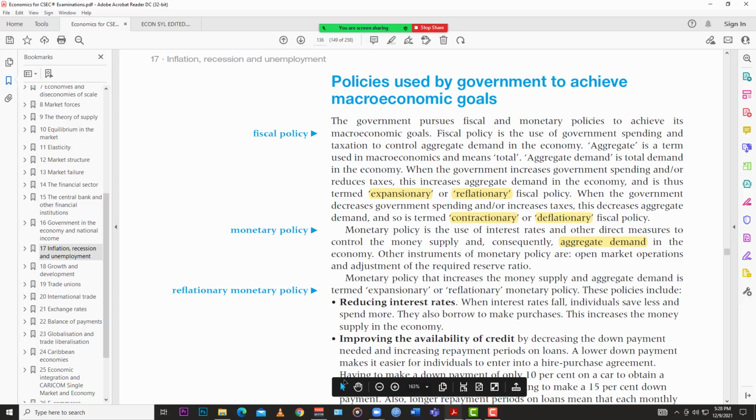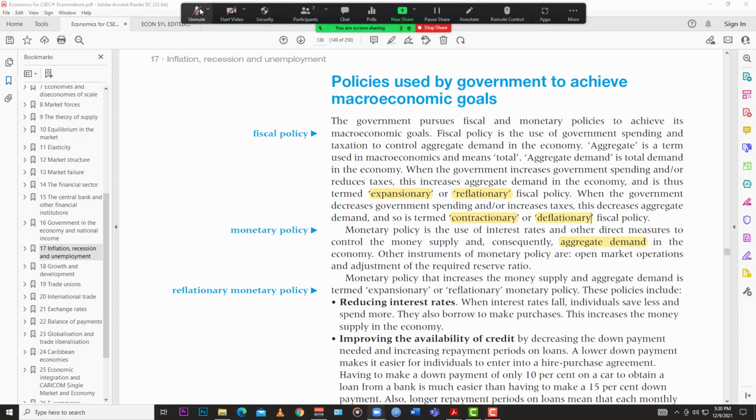So what they would do is increase the tax on certain things, making them more expensive, and then the demand for these goods will fall. The economy will be able to settle down and reduce some of the inflation. So that's how the government can use taxation as part of fiscal policy to manipulate aggregate demand.